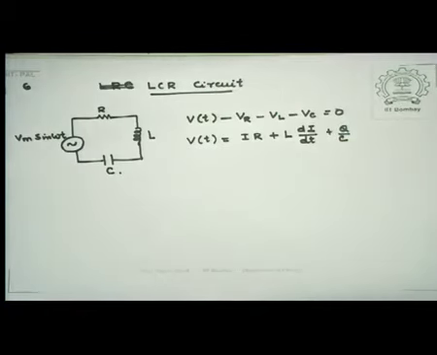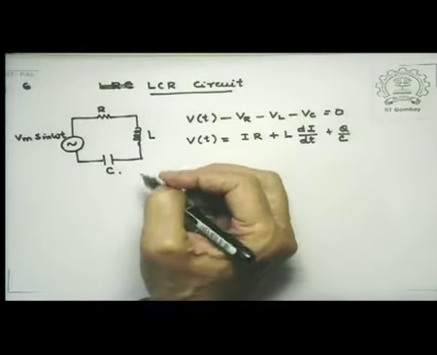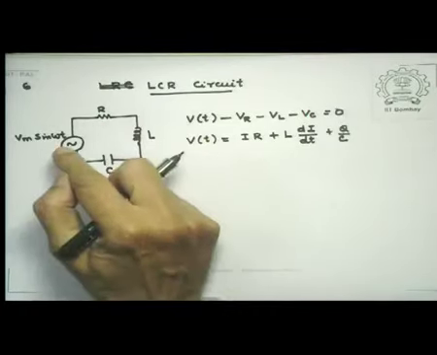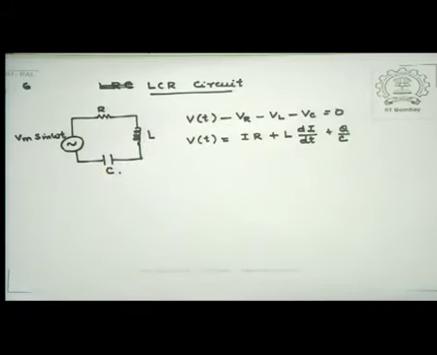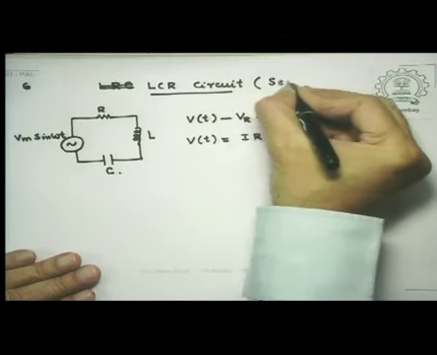We will return to a formal solution of this problem a little later in this lecture, but let us look at what statements I can make about this circuit. Now, one thing you realize is that since these elements R, L and C are in series, this is a series LCR circuit. We may have other forms of LCR.